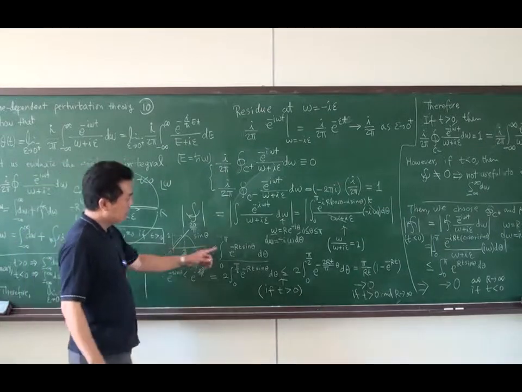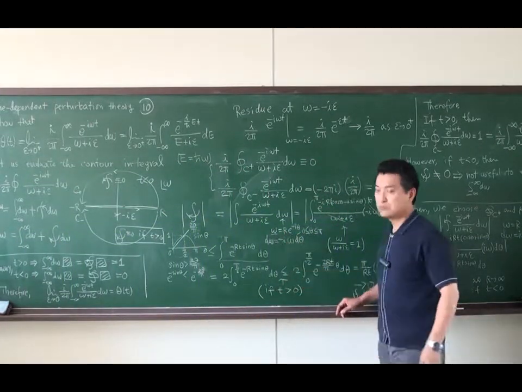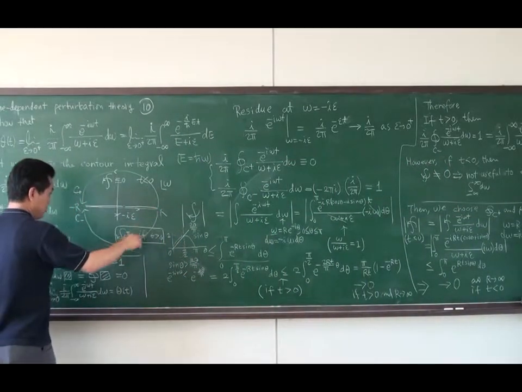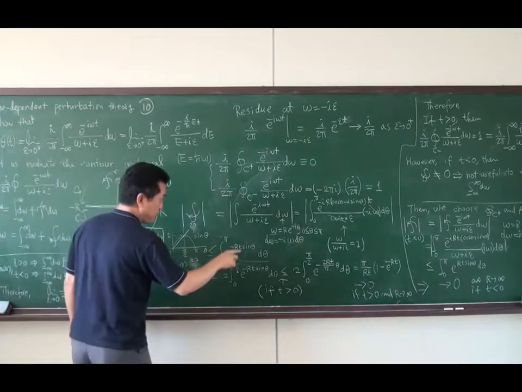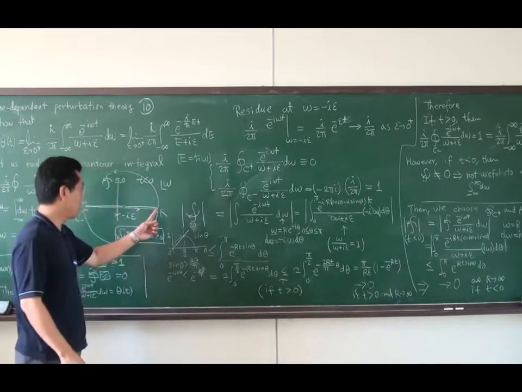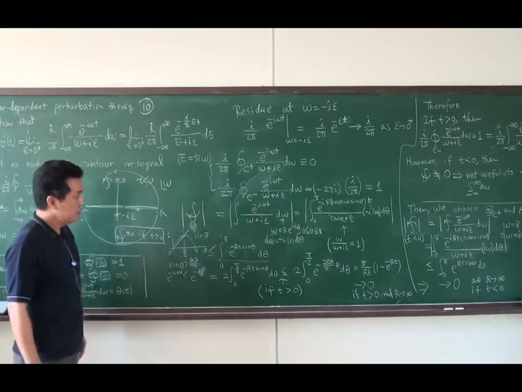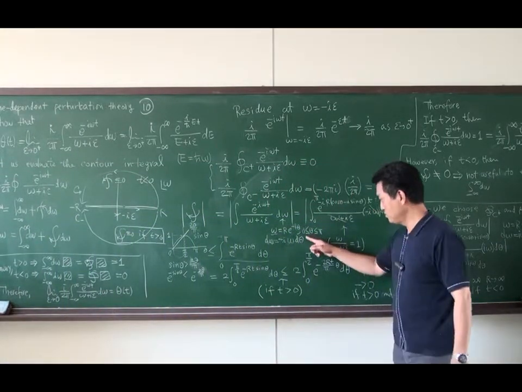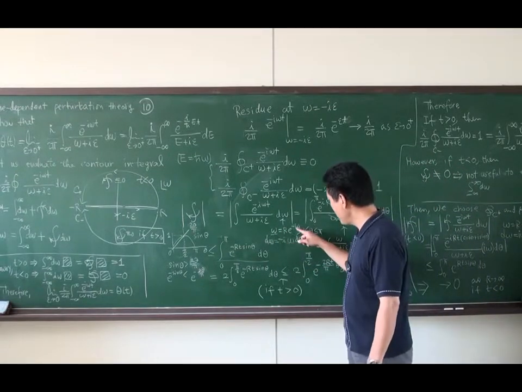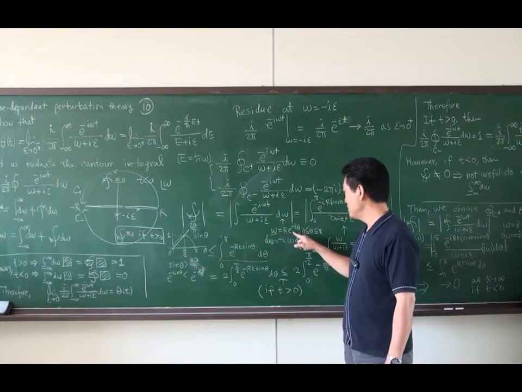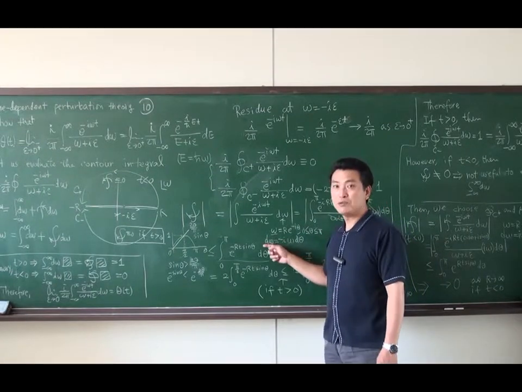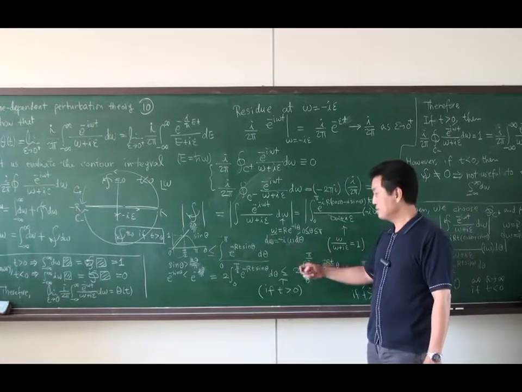The complex number omega can be parameterized by r times exponential minus i theta. Because this angle runs from 0 to minus pi, if I parameterize this complex number as exponential minus i theta, then theta runs from 0 to pi. Let us take the differential of omega. Then I have a factor of minus i and r e to the minus i theta d theta. So d omega can be written as minus i omega d theta.